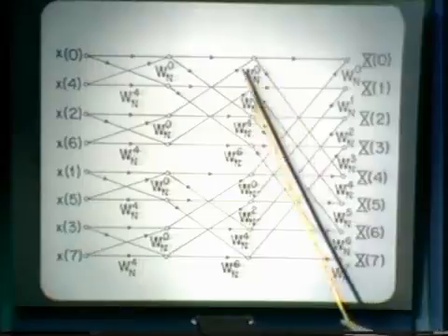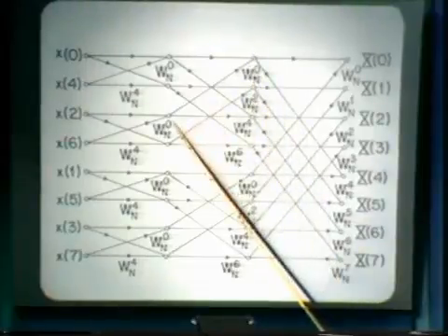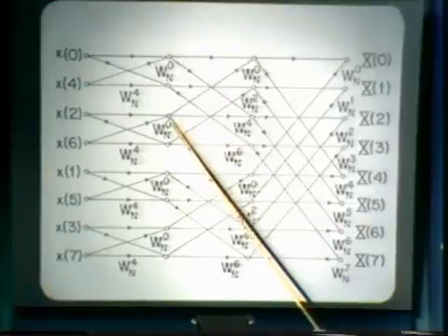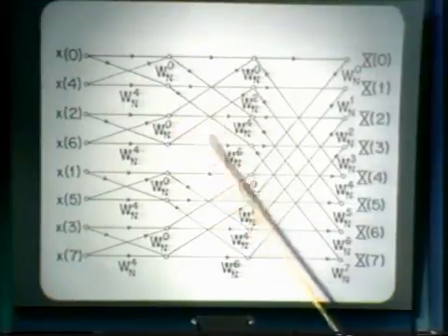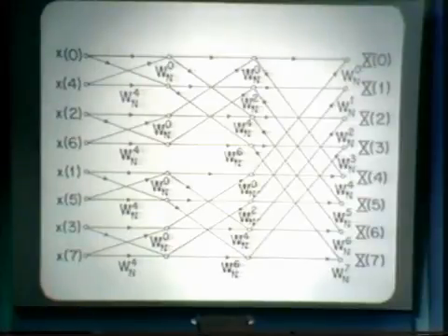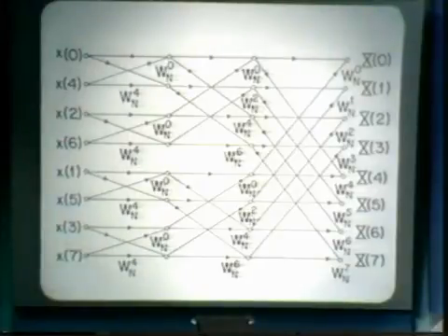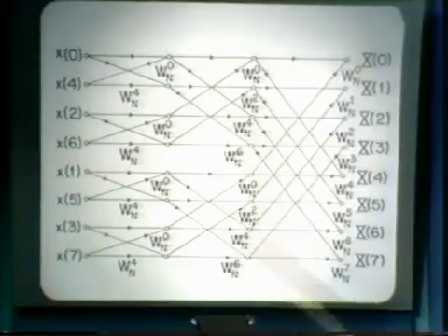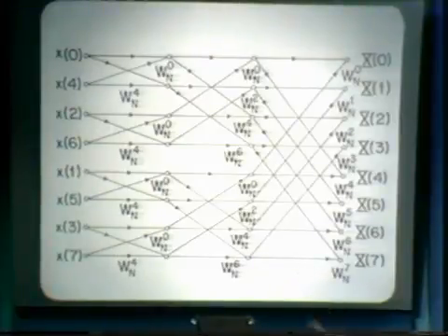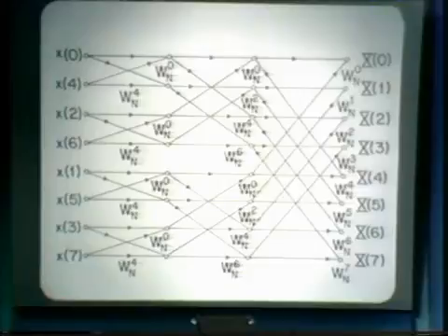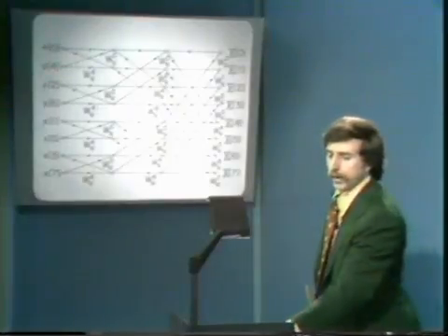And always the multiplication by powers of w is applied to the branches coming from the bottom node of the butterfly, and that's because of the fact that X[k] is expressed as G[k] plus W_N^k times H[k], and it's always the H[k]'s that are being computed in the bottom half as we've been developing this flow graph. It will turn out that that's not true for other forms of the algorithm, but for the form that we're developing here, it is.